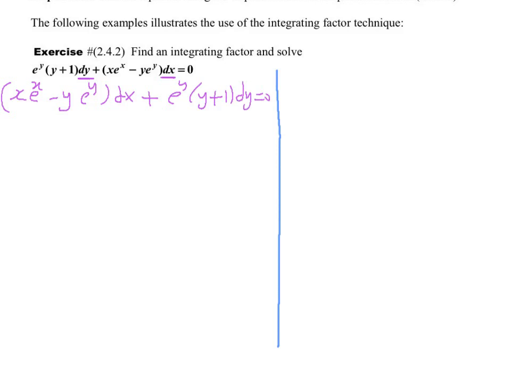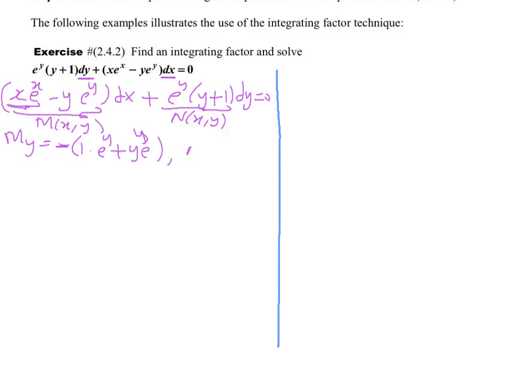Now, this is M(x,y) and this is N(x,y). My is equal to 0 because it has no y. Then this is a product rule, both contain y, so it's 1 e^y plus y e^y. And Nx, which is this, has no x, so the derivative is equal to 0.